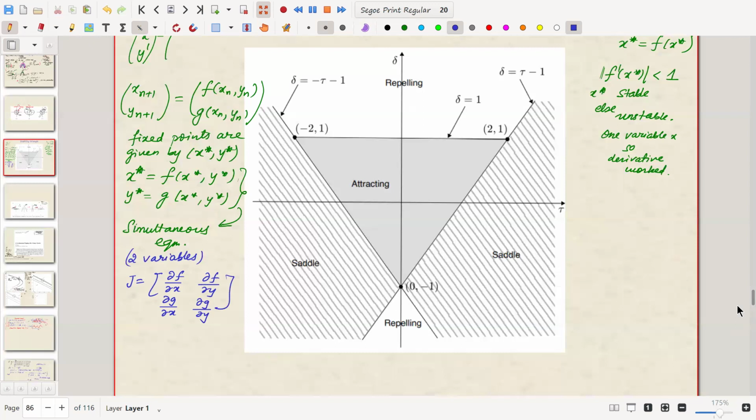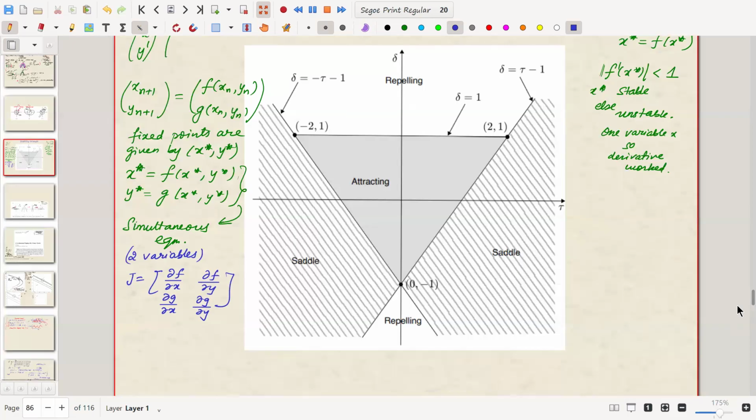So what do you do with this Jacobian matrix? Solve an example actually, then only you will understand. Anyway, you evaluate the Jacobian matrix at the fixed point x star, y star. So there will be numbers; the Jacobian matrix will be a 2 by 2 matrix of numbers.